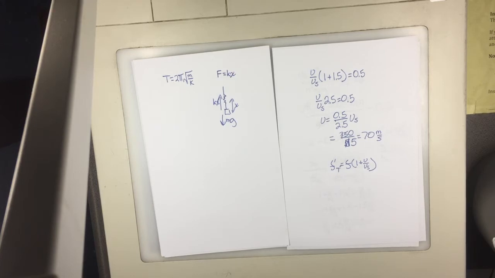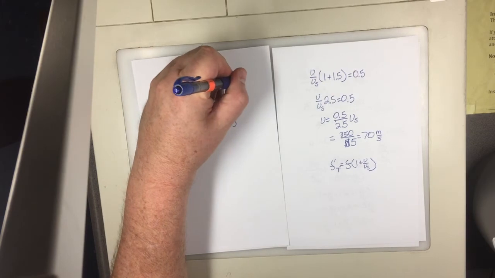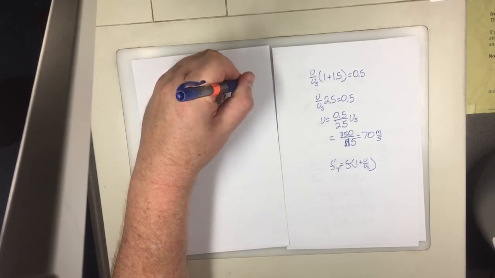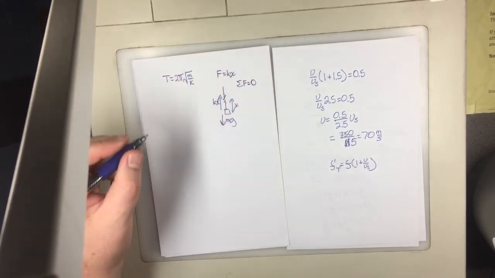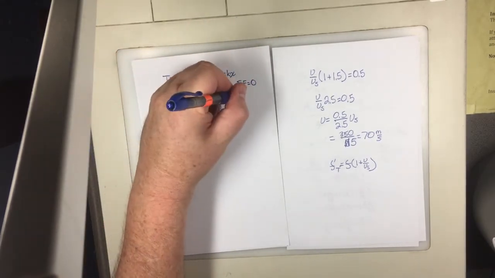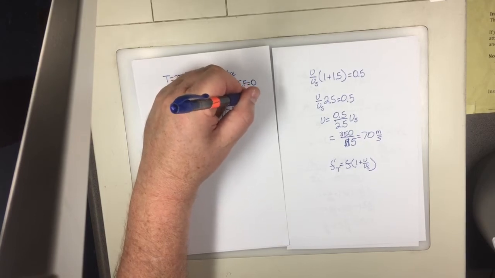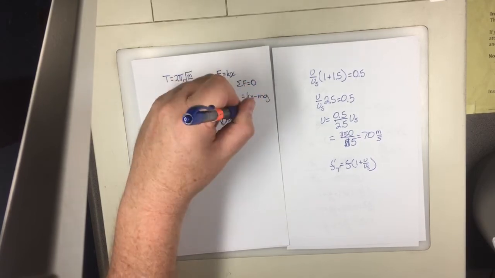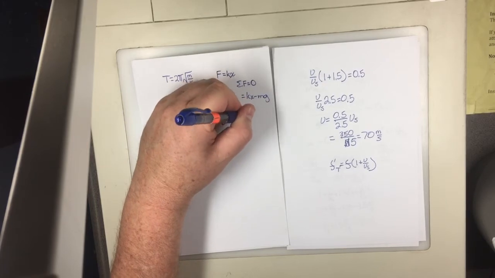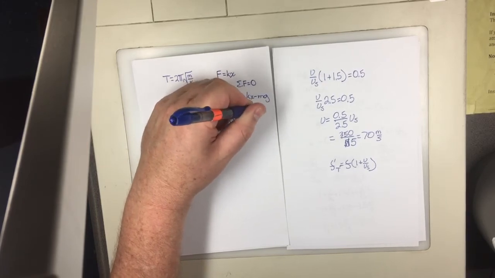And what's really perplexing about this is that the mass was not given. Oh no. Sum of the forces is kx minus mg, so this becomes mg equals kx.